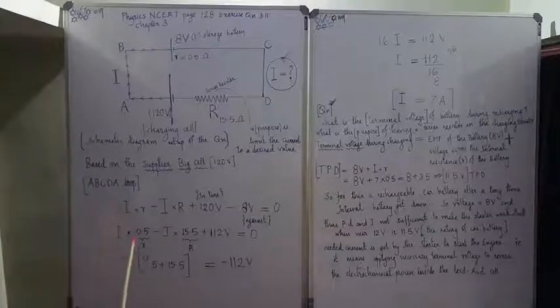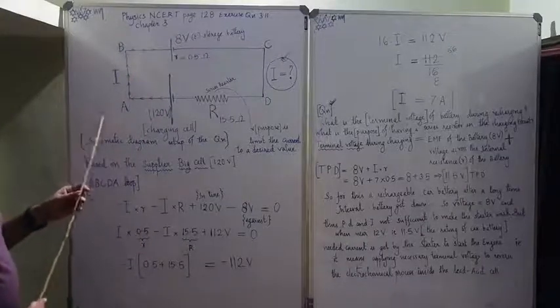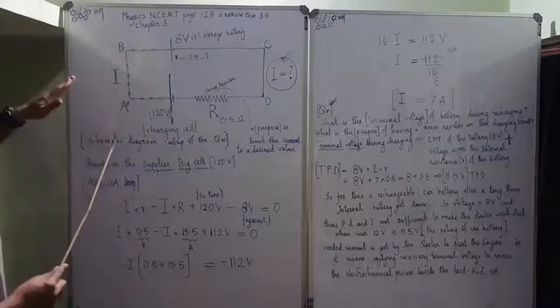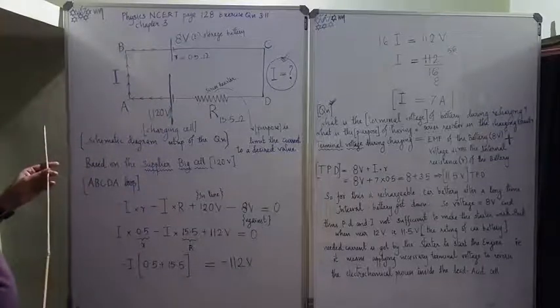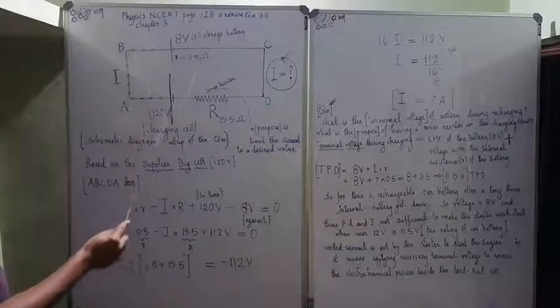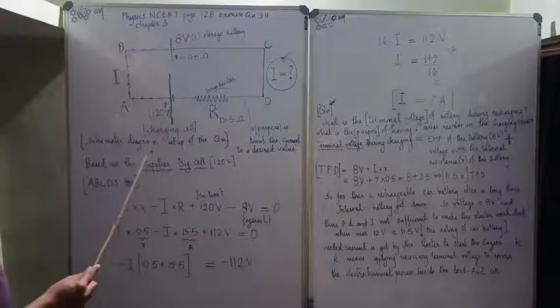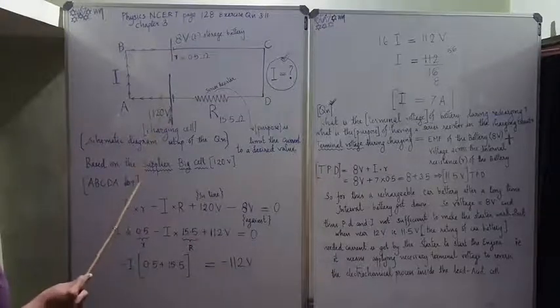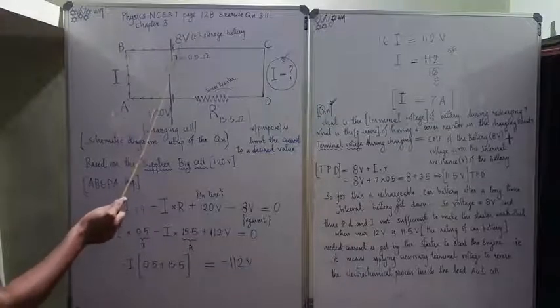And so the question starts right here. The question gives a diagram showing a process of charging. The 8 volt battery is charged by a 120 volt DC charger, which is the big battery shown over here. This is the big battery, and the one to be charged is the small one.